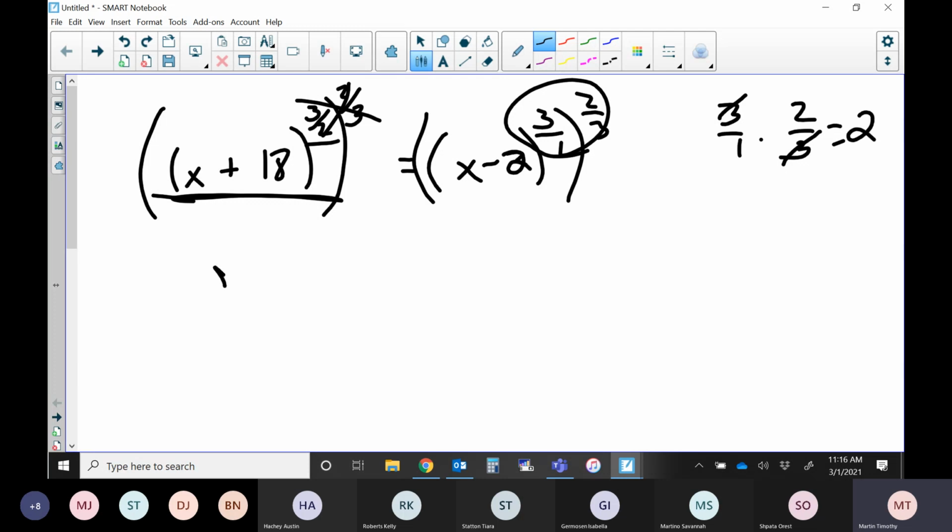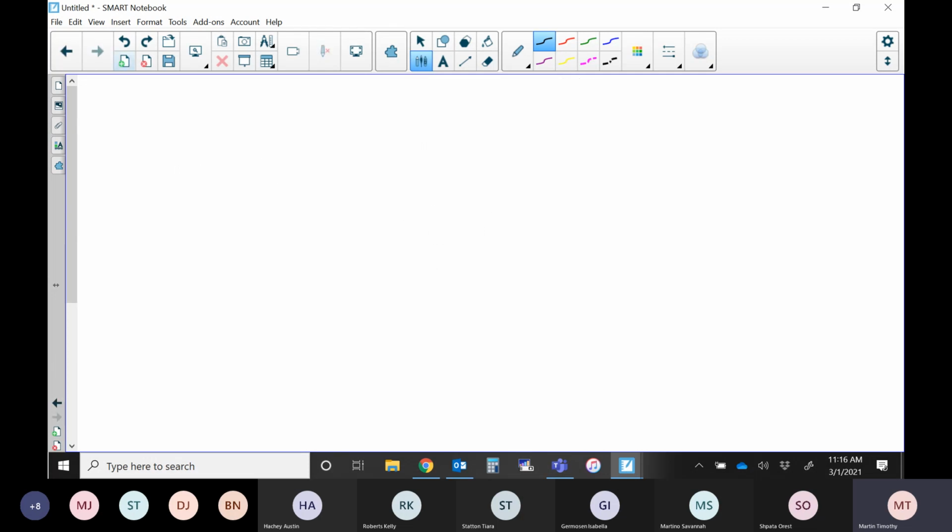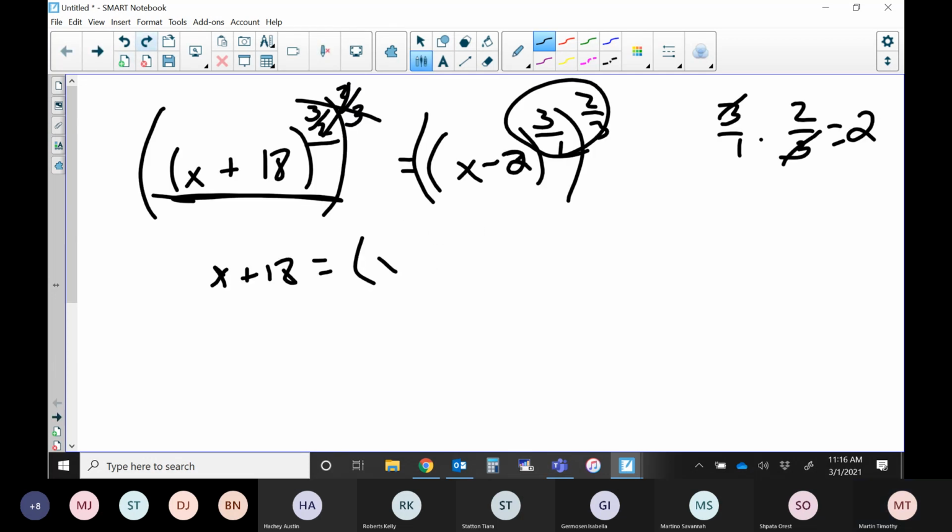So I end up with x plus 18 equals (x minus 2) squared. You cannot just distribute that. That is wrong. What does it mean to have (x minus 2) squared?